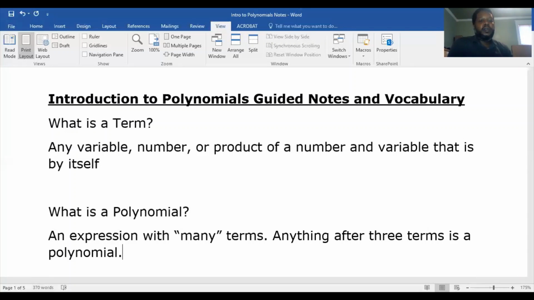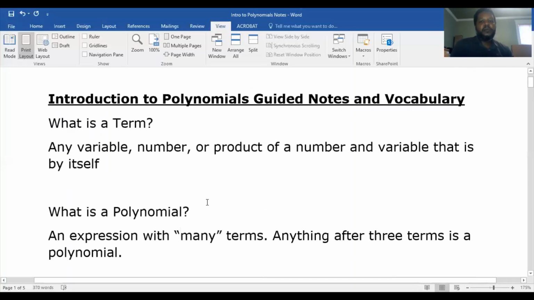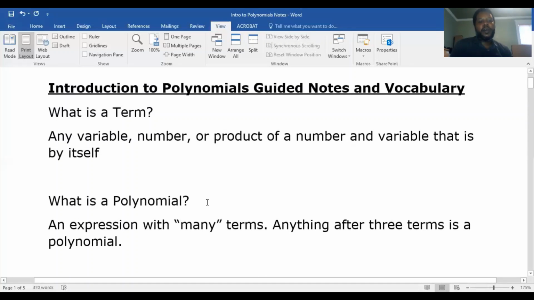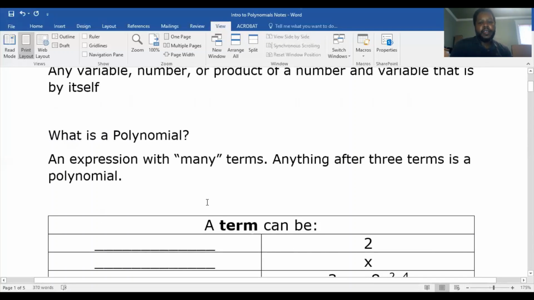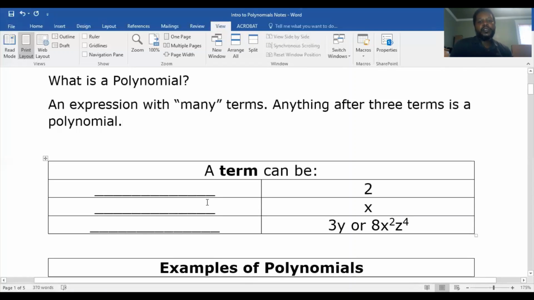All right, so that's pretty much what we need as our basic understanding of a term and what a polynomial is. Now let's go a little bit deeper and talk about what a term can be. A term can be any of these examples: 2, x, 3y, or 8x squared z to the 4th power.